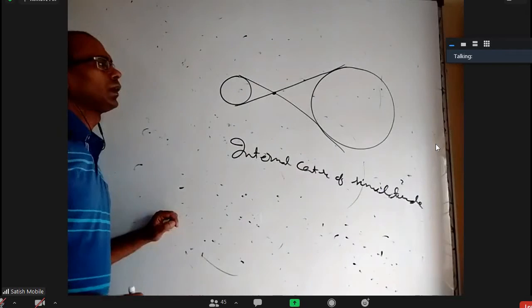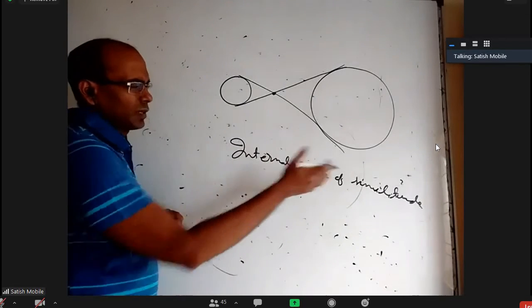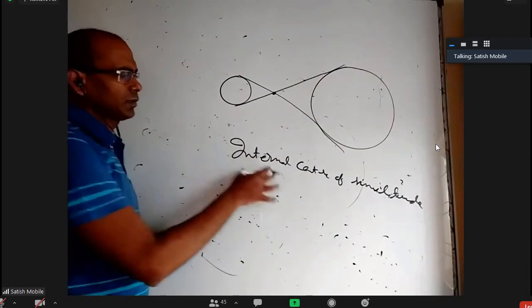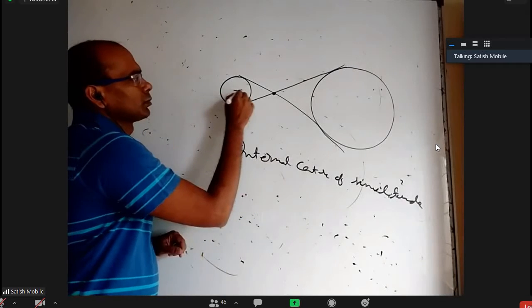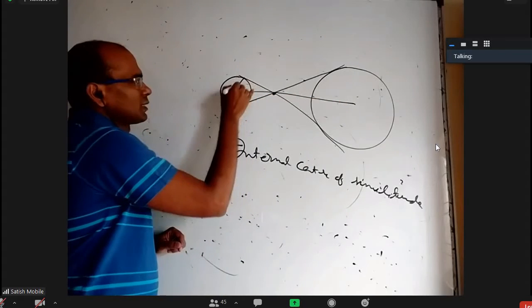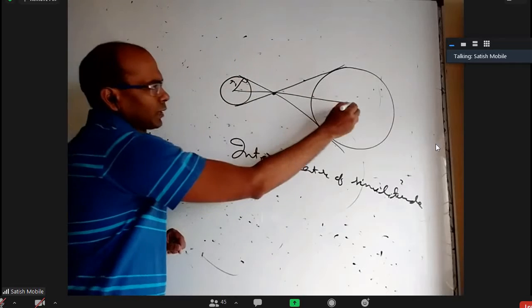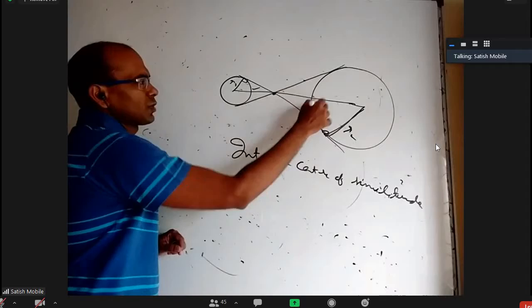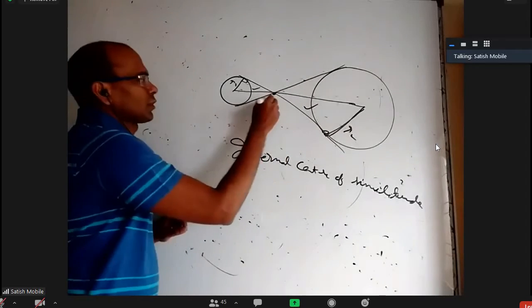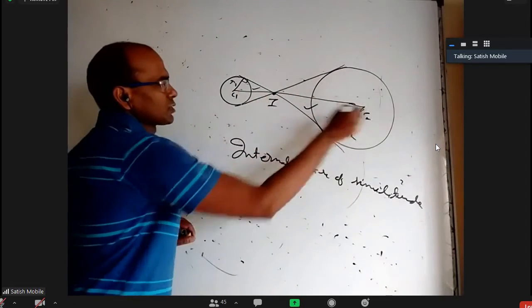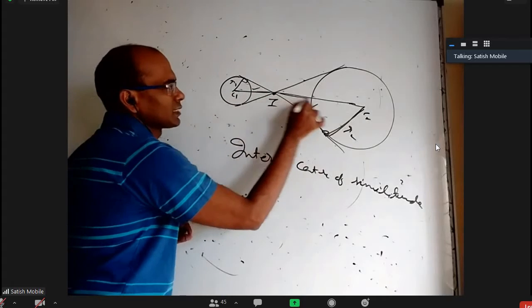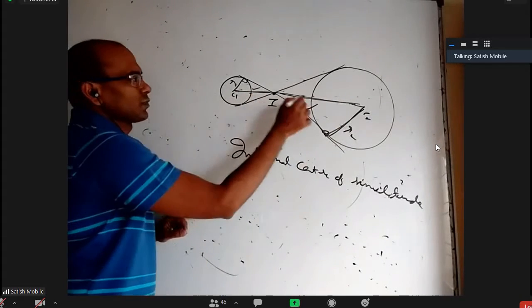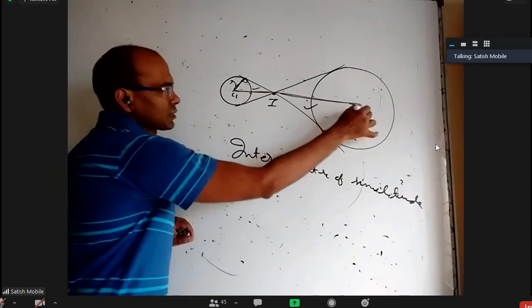What exactly similitude means I don't exactly know, but you can refer to the word internal. This radius is R1 and this radius where it is touching here is R2, and these two are similar triangles. If you call this point I, this is C1 and this is C2. The ratio of these two lengths is the same as this is to this.